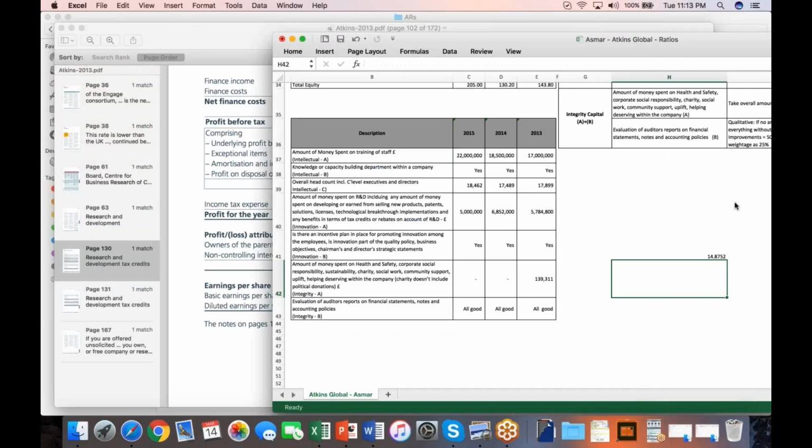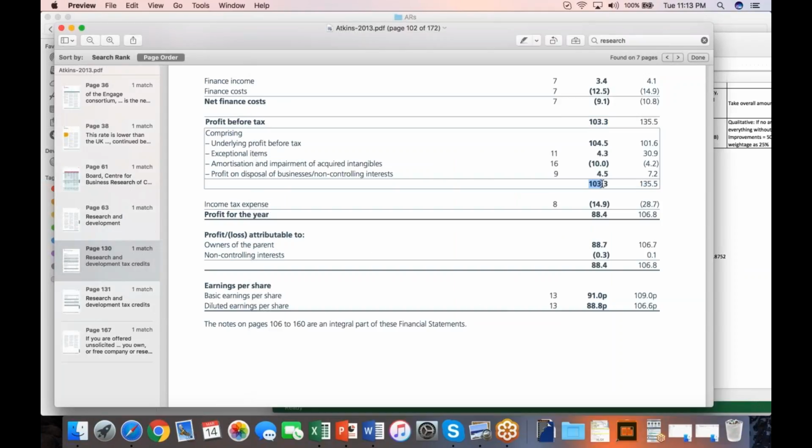So which means that it is the same as how much they were able to save, 5.6. If you see the formula, 103.3, 103 million, multiplied by 5.6.